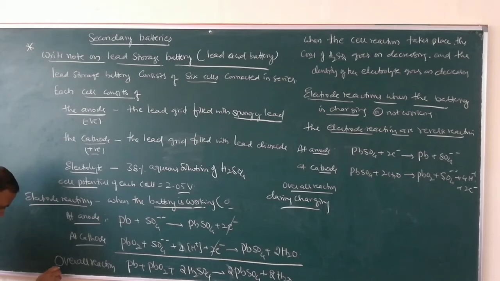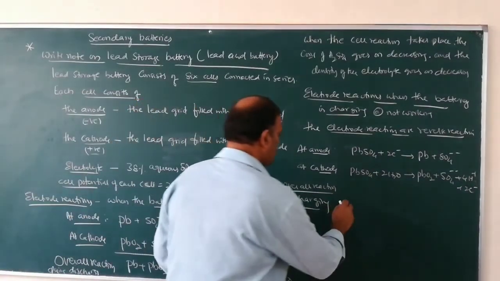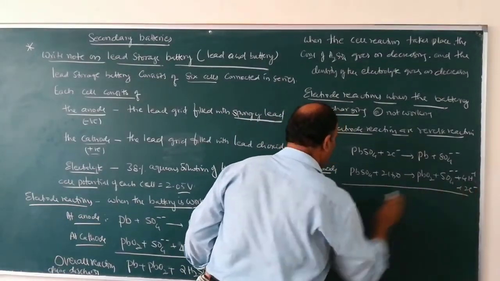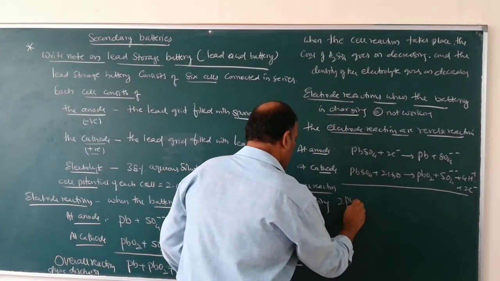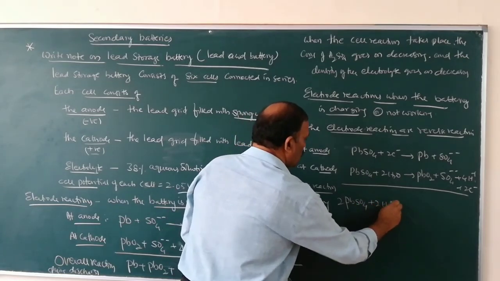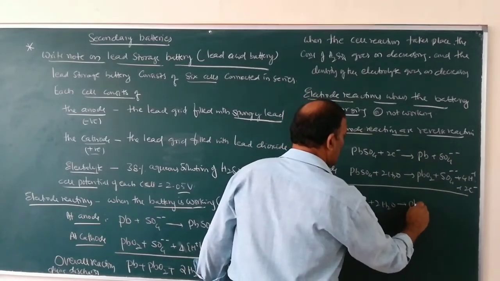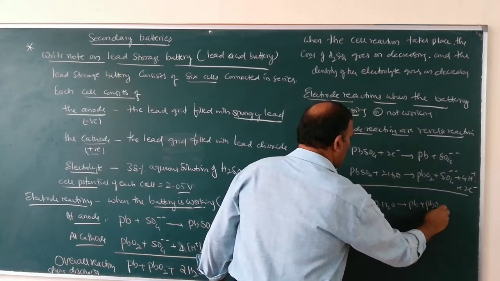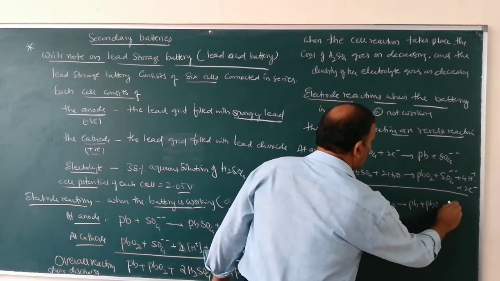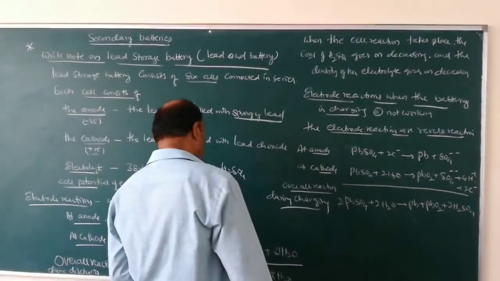You have to reverse this reaction, namely 2PbSO4 plus 2H2O gives Pb plus PbO2 plus 2H2SO4.